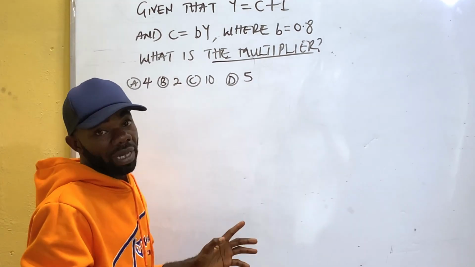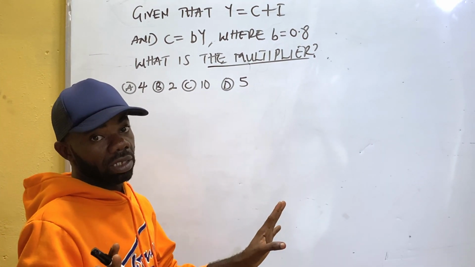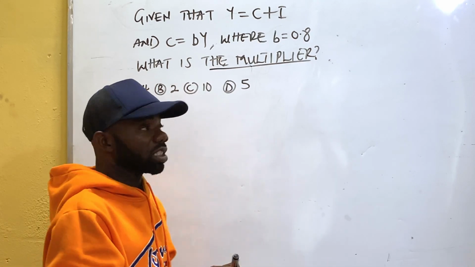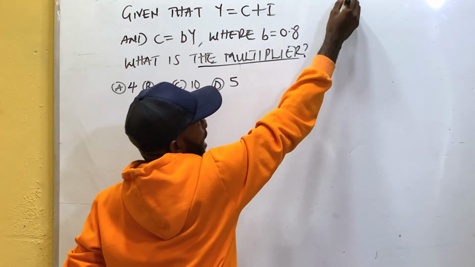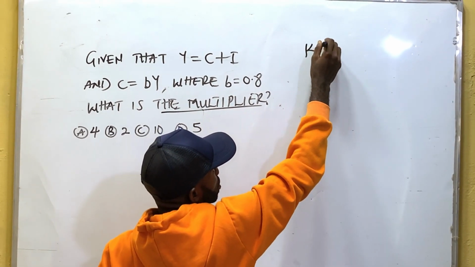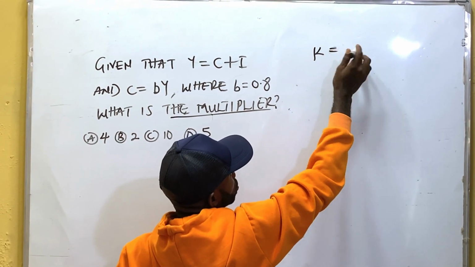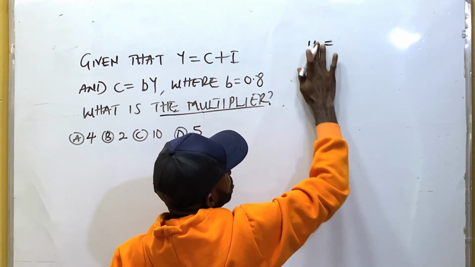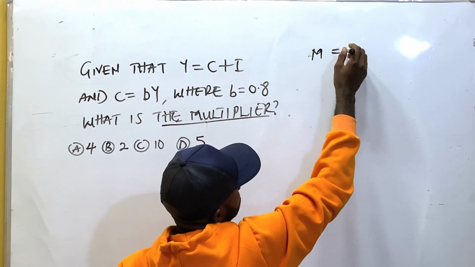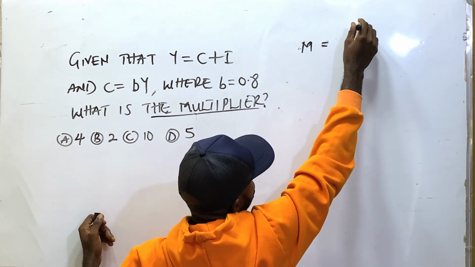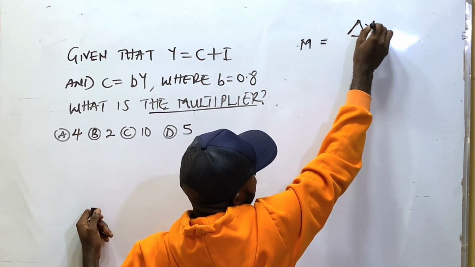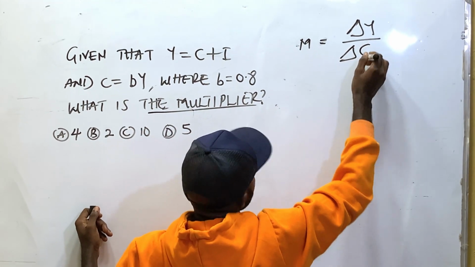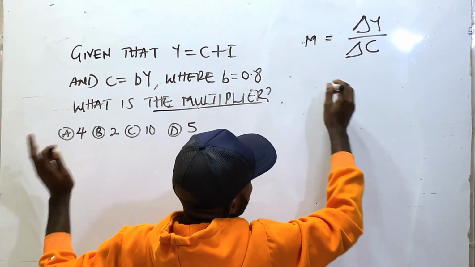And multiplier can be expressed with 2 formulas. One is with the rate of change, where we have multiplier K, for example, let's use M for clarity, is equal to change in income over change in consumption.